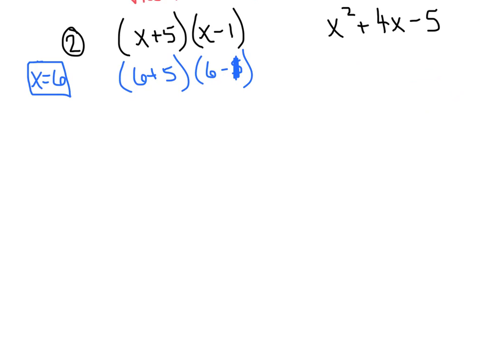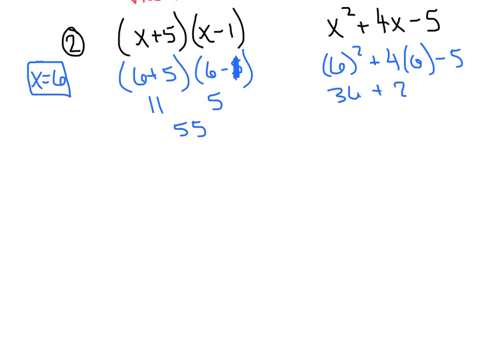Make that a 1. So let's see, I got 11 times a 5. I got 55 there. Let's see if I get the same thing over here. 6 squared plus 4 times 6 minus 5. 36 plus 24 minus 5. That's 60 minus 5, 55. Holy smokes, we got the same thing.